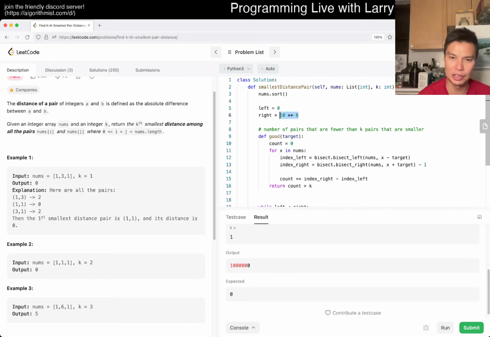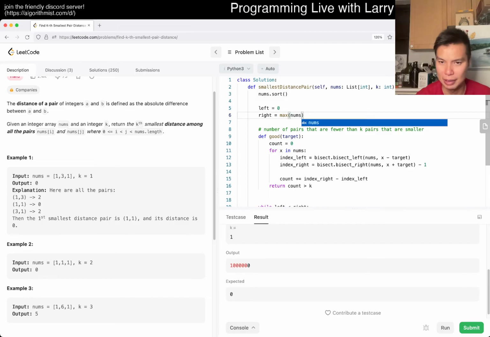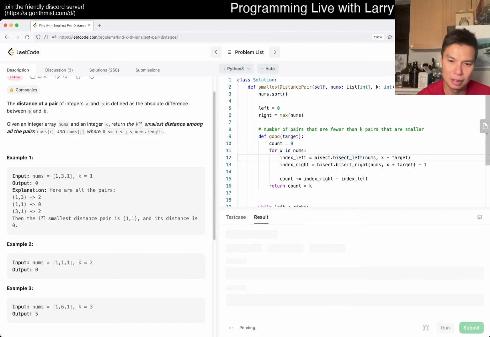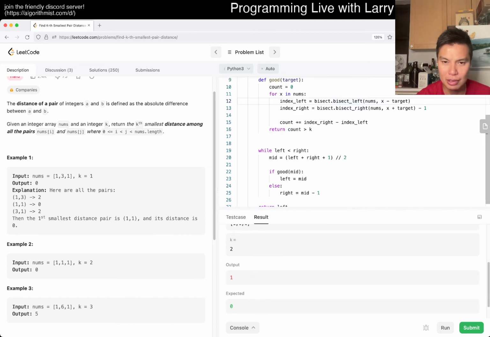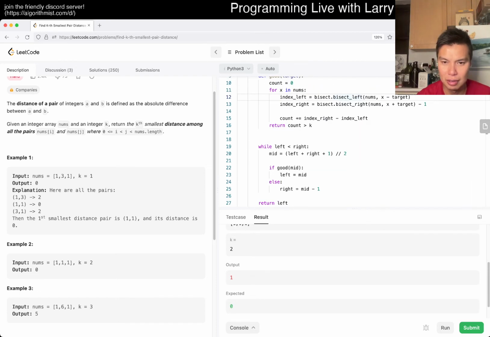And here we can actually choose max of nums just to make it slightly easier. Did I get at least number 2 right? No, I get 10,000 as well. No, 1. Why do I get 1? Did I mess this up? So that means that if good, maybe I inversed what I mean.